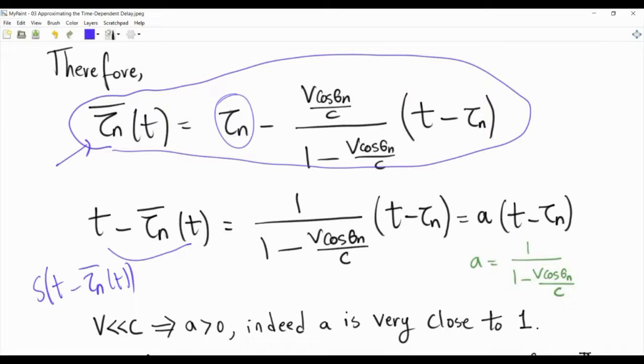Because now this constant is chosen to match this one, we have a nice expression: t minus the delay will be a constant multiplied by t minus tau n, and this constant here is 1 over 1 minus phi cosine theta over c. So this factor A, we would like to chat a bit about it, because it will affect the coming discussion. So what do you think about A?